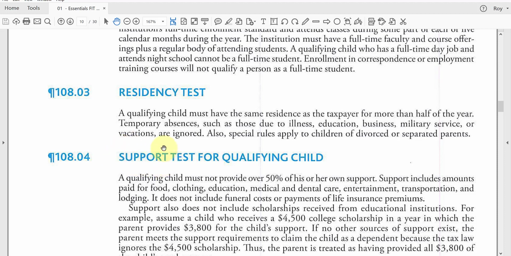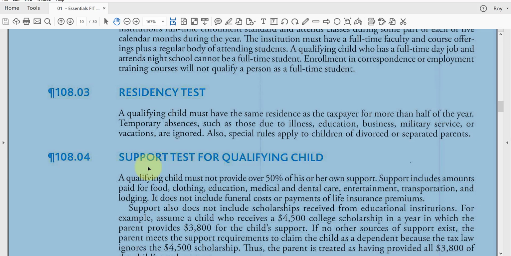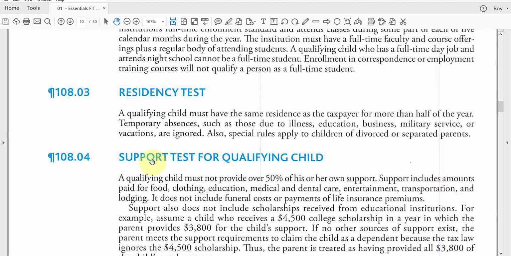Support test is not what most people think. You would think that the support test is the taxpayer supports the child, the dependent. What this is saying here is that the child, the dependent child, is not supporting him or herself by paying more than 50% of the support costs.